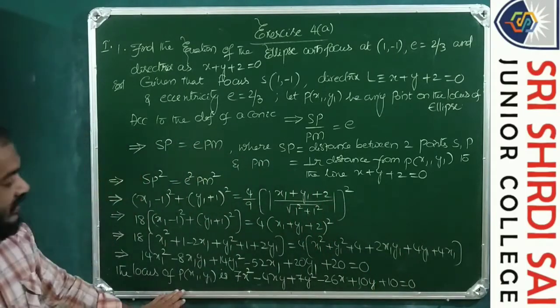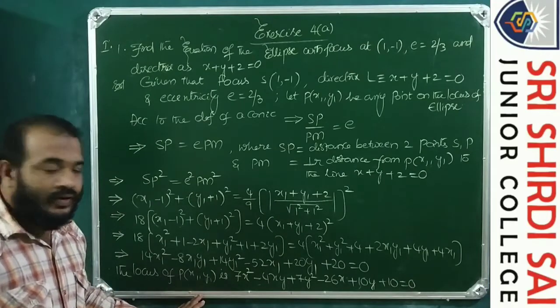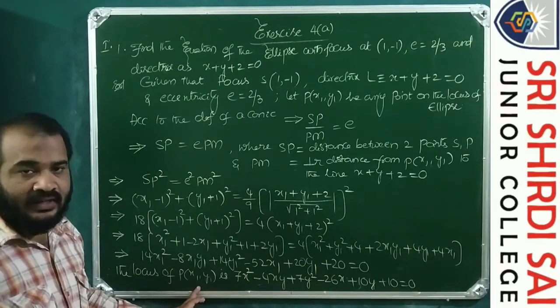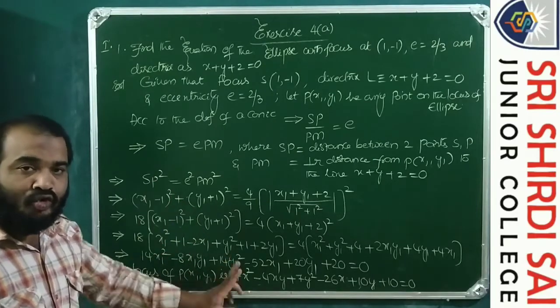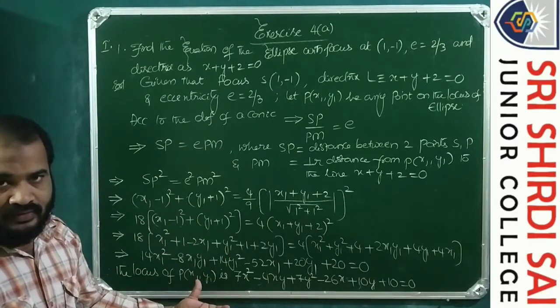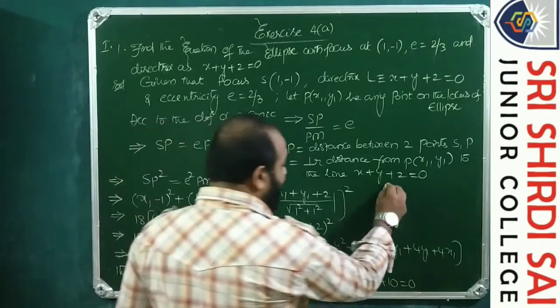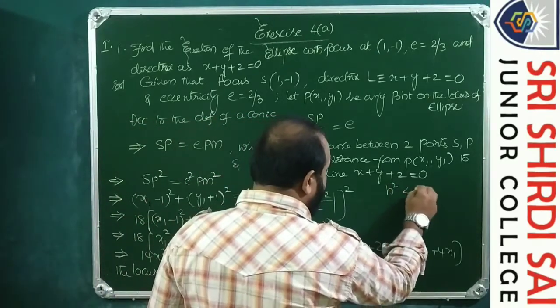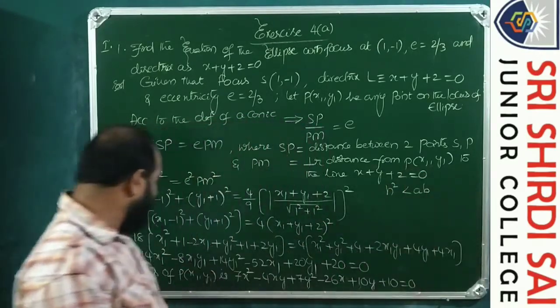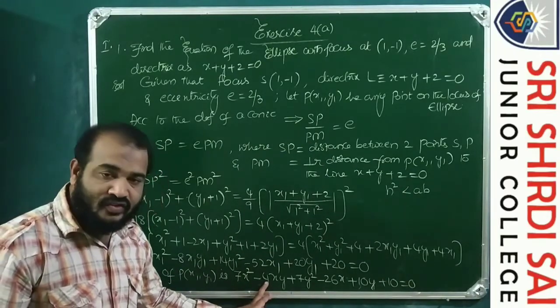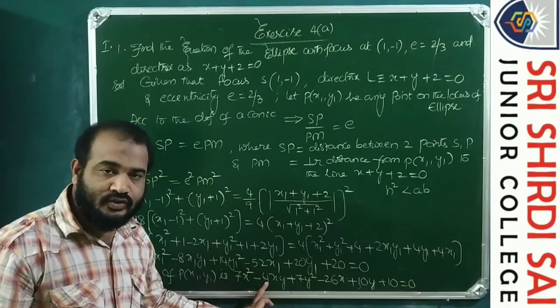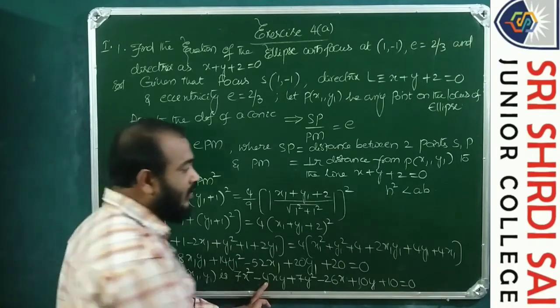So this is a second degree non-homogeneous equation. Under the second degree non-homogeneous equation, to represent an ellipse, h square is less than ab. What is h here? 2h is minus 4, so h is equal to minus 2, and h square is 4.